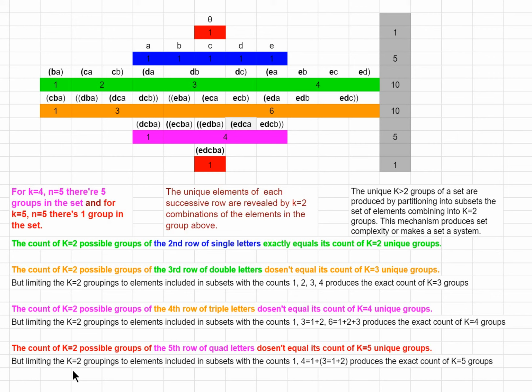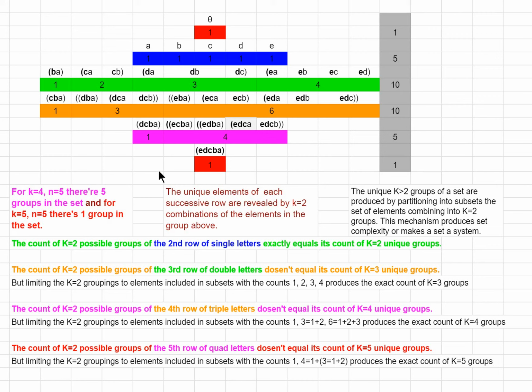But again, limiting the k equal 2 groupings to elements included in the subsets with the counts 1, and for the 4, 1 plus 3, and the 3 equals 1 plus 2.